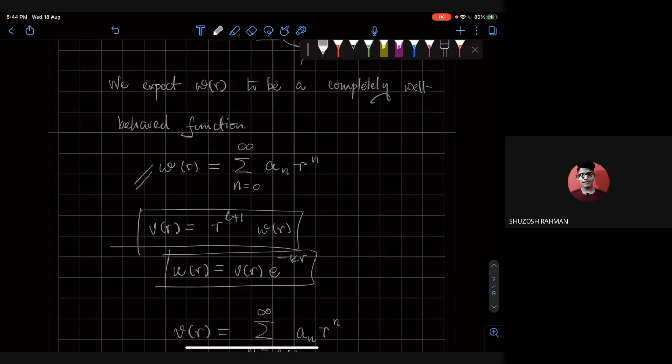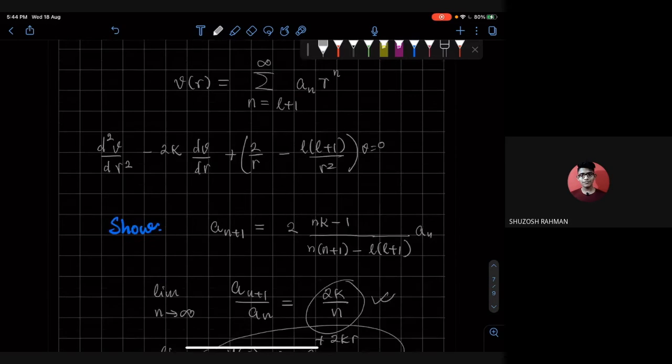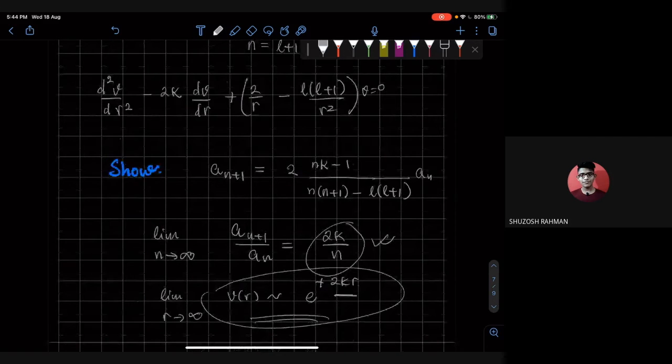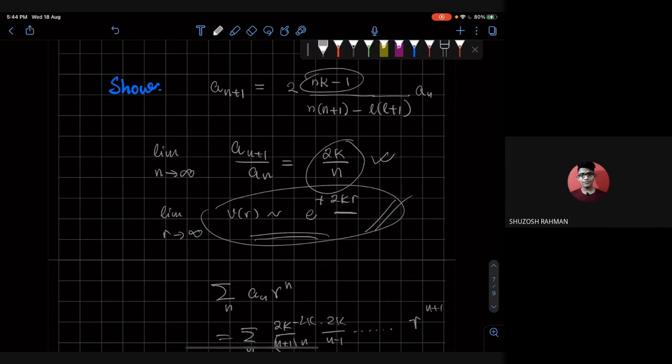So we are going to have a diverging solution, unless for some value of k the numerator vanishes, for some value of n. You agree, right? Then this series terminates, and we won't have this asymptotic behavior anymore.